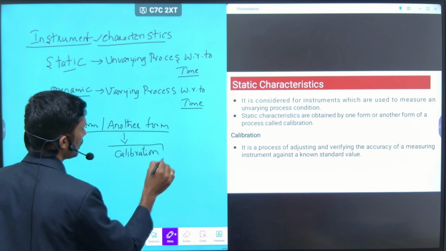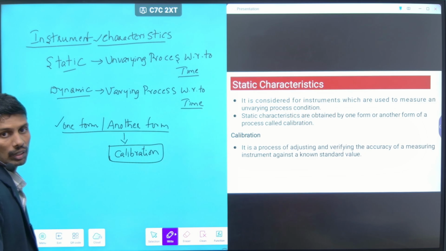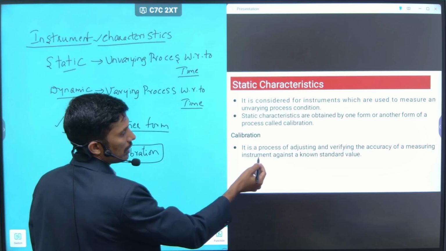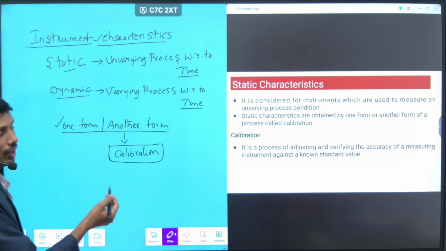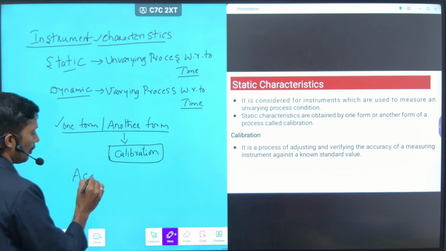So calibration is the process of adjusting or verifying the accuracy value.